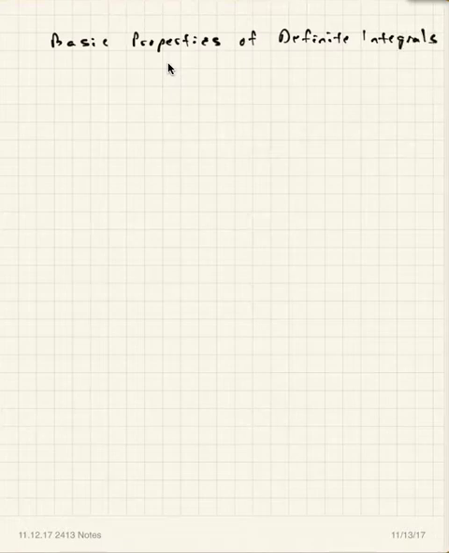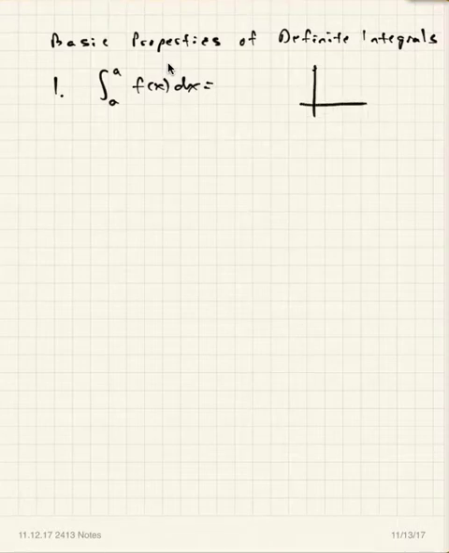All right, so the first property is that the integral from a to a of f of x dx. So if the limits of integration are the same, now remember that when you are looking at the integral from a to b, if the curve is above the x-axis it can be interpreted as area.